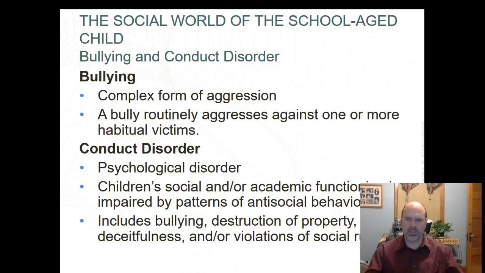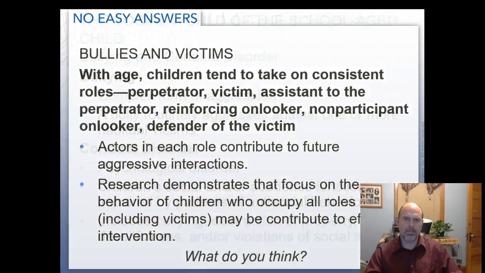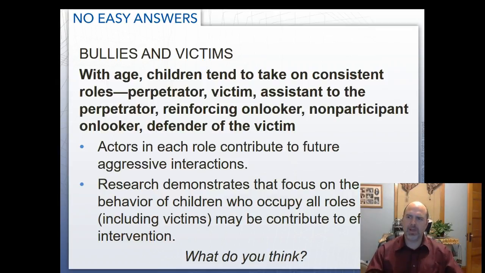This may include bullying, destruction of property, theft, deceitfulness, or violating the rules over and over. Victims have certain characteristics in common, including anxiety, passivity, sensitivity, low self-esteem or self-confidence, lack of humor, and comparative lack of friends. Cross-cultural studies show that these characteristics are found among habitual victims across a wide variety of cultural settings.